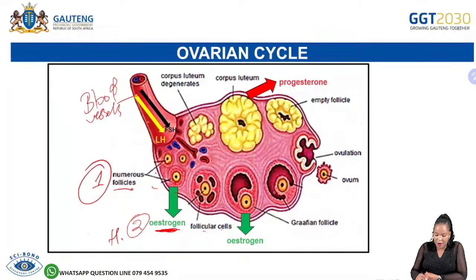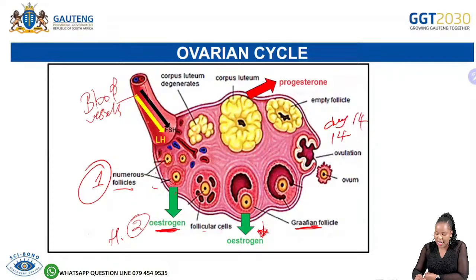And as they grow and mature, the ovum also grows and matures, and estrogen is still secreted until we get to this day where you see our follicle has grown into the Graafian follicle, and this Graafian follicle becomes ruptured on day 14.